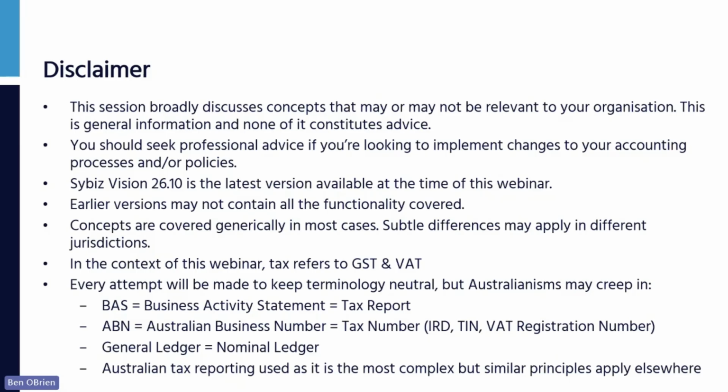For those in other jurisdictions, we might talk about the BAS or the business activity statement. That's just your tax report, so your VAT return in other areas. The ABN is the Australian business number, which is equivalent to a tax number, like a VAT registration number if you're on the European continent. And general ledger equals nominal ledger.